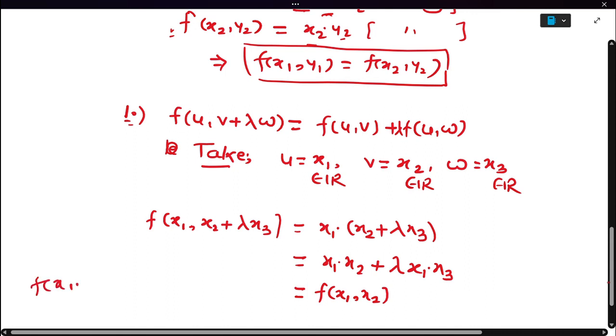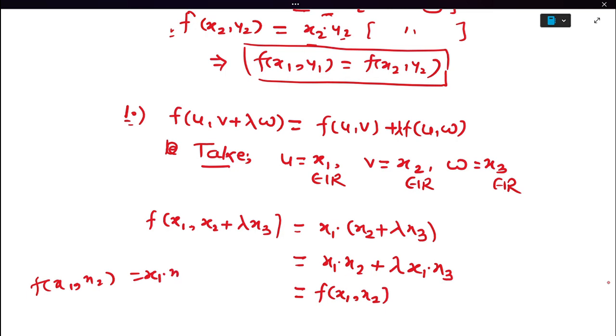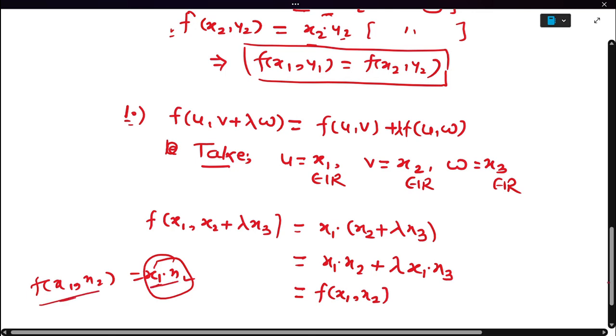because f(x1, x2), what will it be? By definition of the function, x1 into x2, so we can write f(x1, x2) in place of x1 into x2.